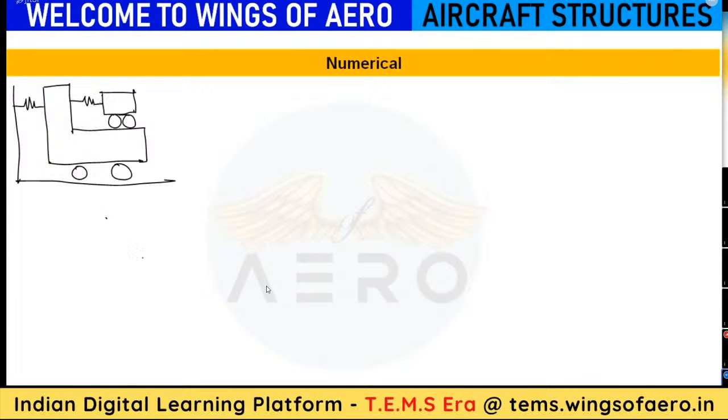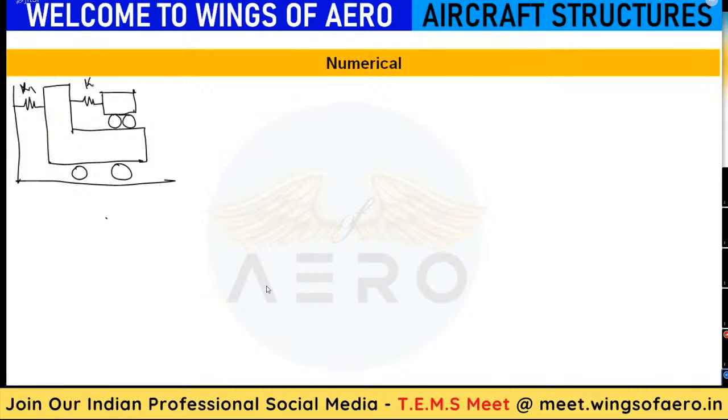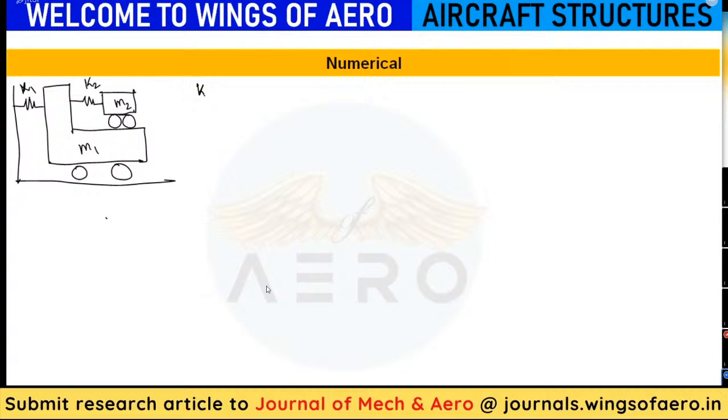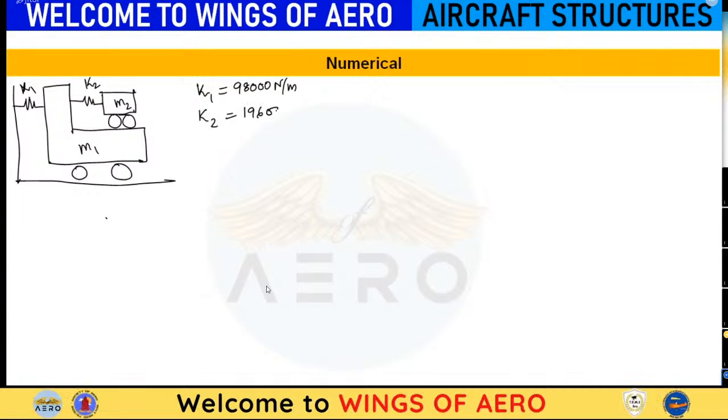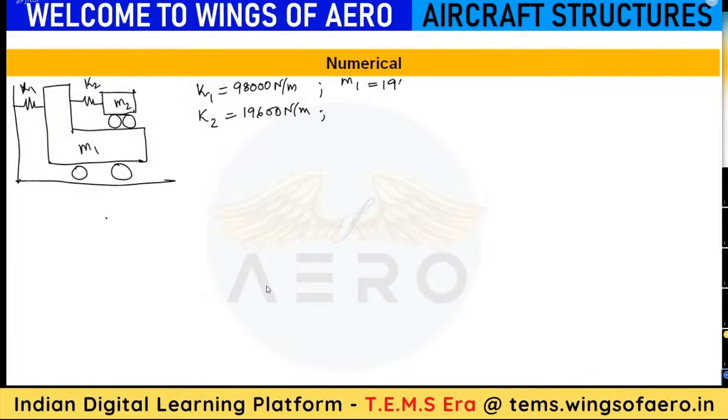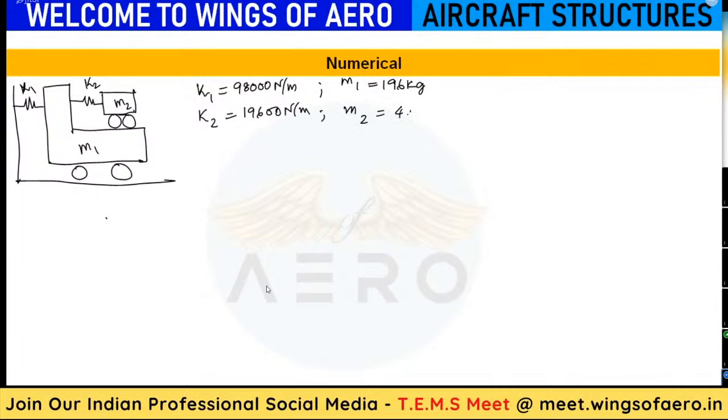Let's consider this is K1, this is K2, this is M1, this is M2, where K1 is 98000 Newton per meter, K2 is 19600 Newton per meter, M1 equals 196 kg and M2 is 49 kg.